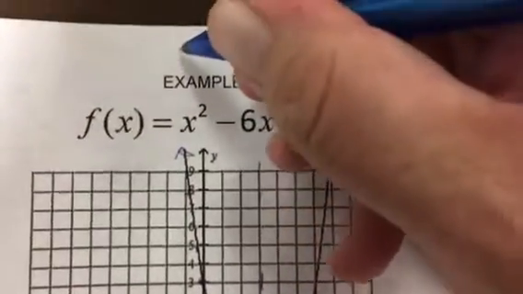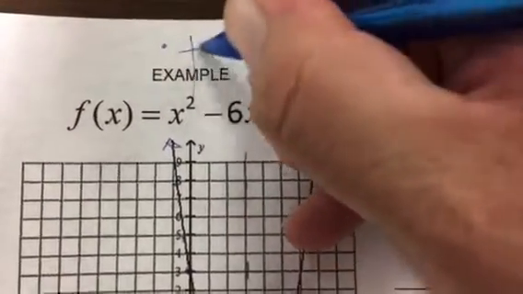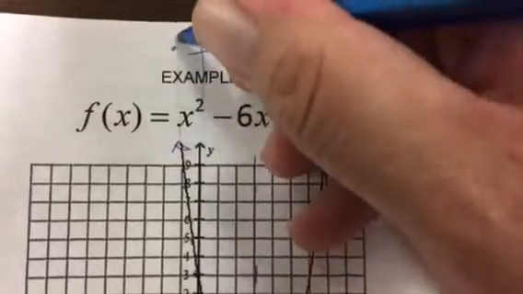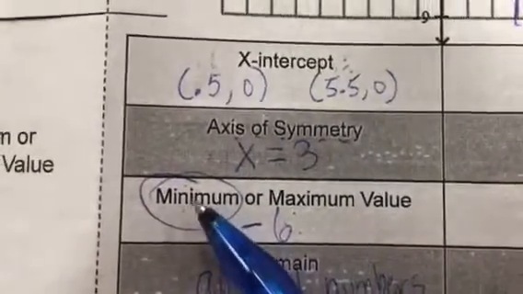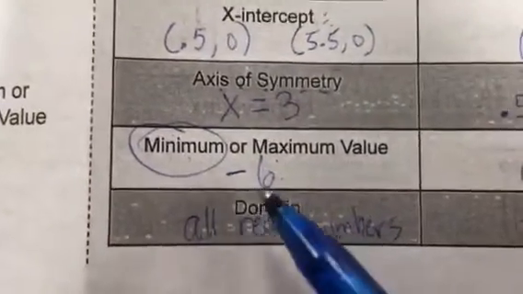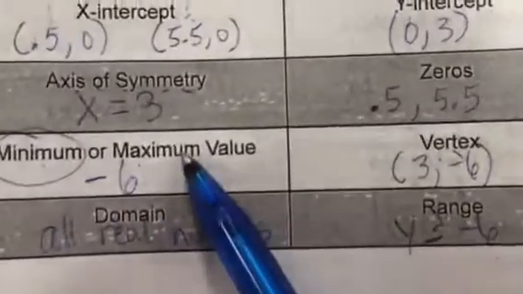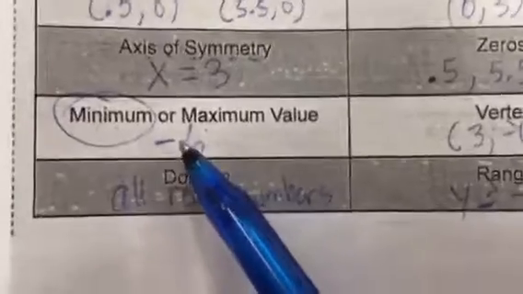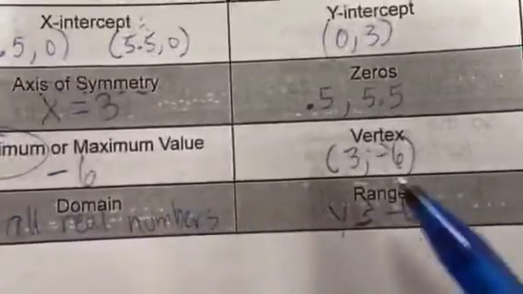I'd be able to find one way up here at 20, because the graph will keep going this way. Okay? So again, if you have a minimum, it's always y is greater than or equal to that number for your range. If you have a maximum, it's always y is less than or equal to that number for the range.